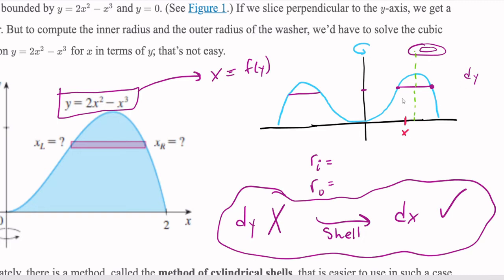Get rid of dy, get me X. And at this X, I am going to draw in, let's see if we can match this up, this cylinder that's going to cut through. And again, it has a little bit of thickness, right?